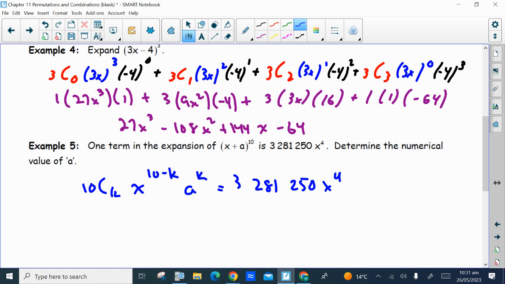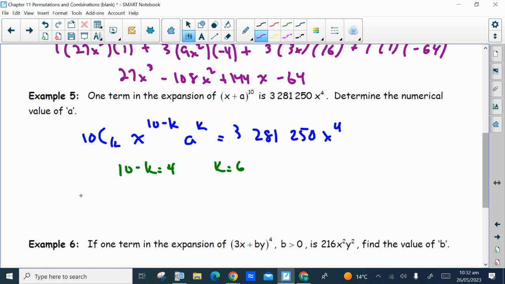So 10 minus k must equal 4. By inspection, k has to equal 6. You could also solve for k algebraically by adding k and then subtracting the 4 from both sides. You'll get the same thing. k must equal 6.